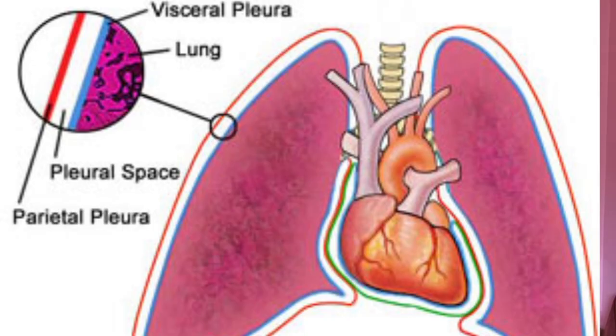This double layered membrane covers and completely surrounds the lungs, and it is known as pleura. Okay, so this is the definition of pleura.